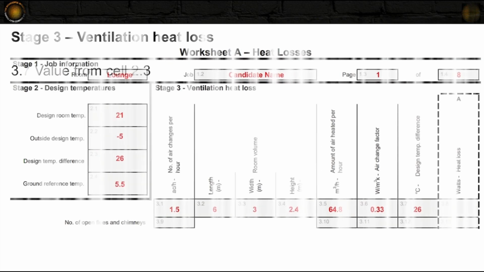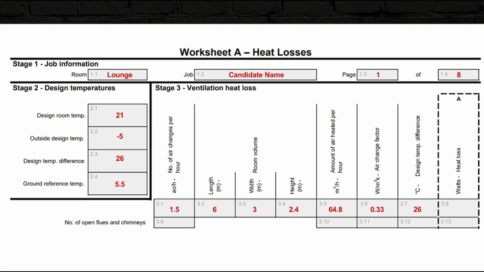So 26 in there. And then if you remember, our ventilation heat losses are our air change factor multiplied by the volume of the room, multiplied by the specific heat capacity, and then by the delta T.